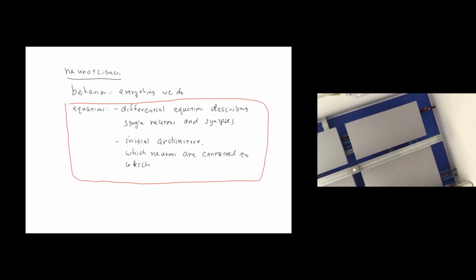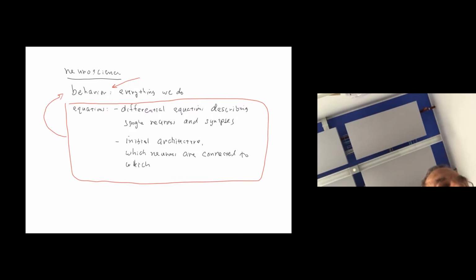And think, which neurons are connected to which. So this is what we're given. These are the equations. And then we have to explain behavior. Okay, that's the goal of neuroscience.